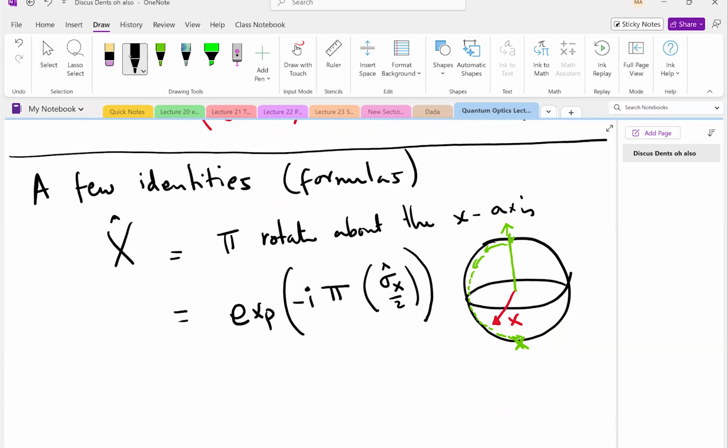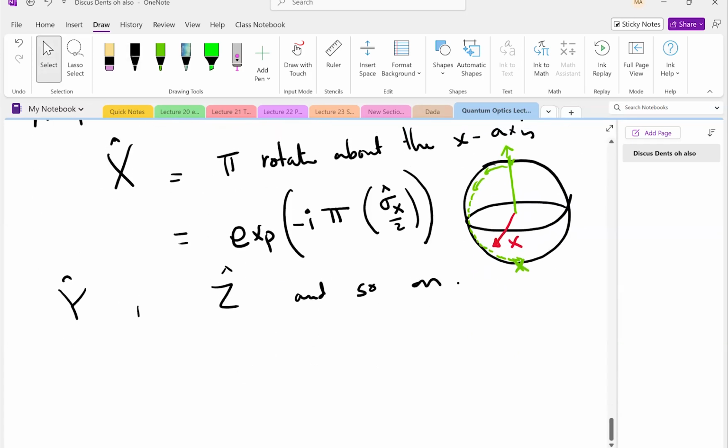Likewise, you can define a Y gate, a Z gate, and so on. Each of these Pauli gates is a pi rotation about some axis. You can also have, if I use this notation, X as a function of beta, a rotation through an angle of beta.